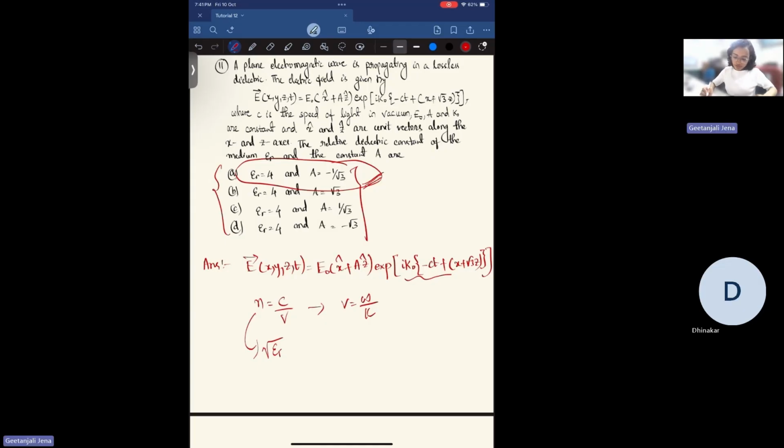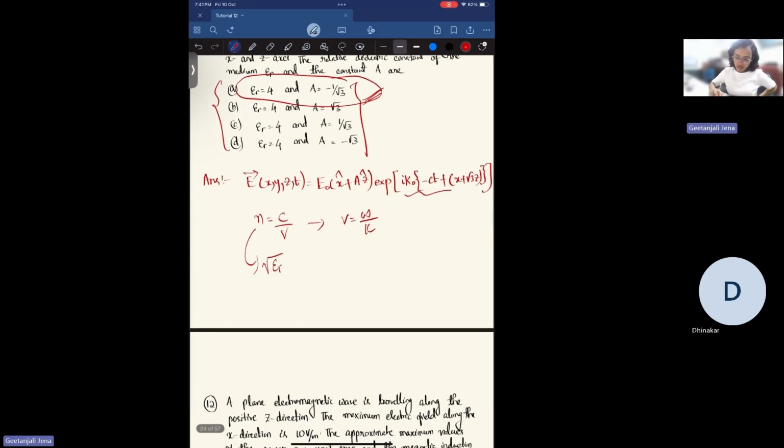Let me briefly show the steps so that you won't miss any intermediate step. So this is Kx, this is Kz. So K will be K0 x cap plus root 3 K0 z cap, which means mod of K is 2K0. And omega is the coefficient of t, which is K0C.